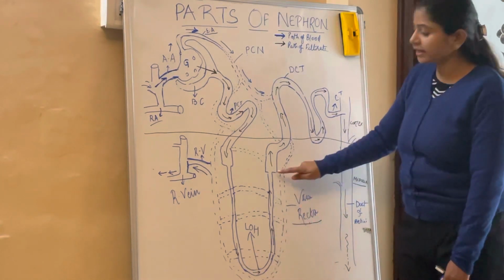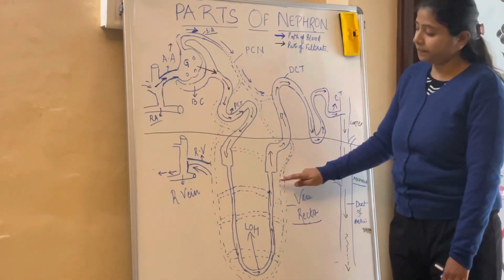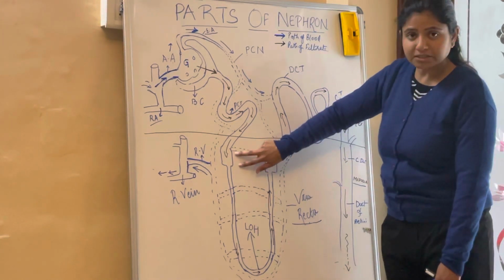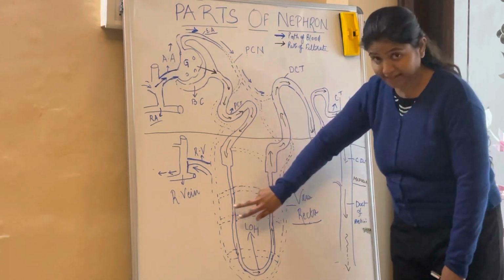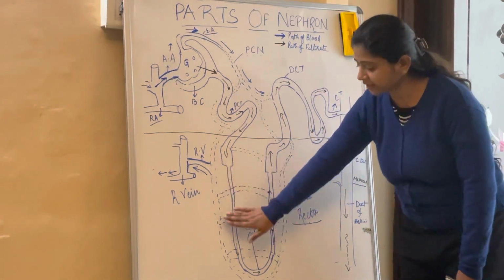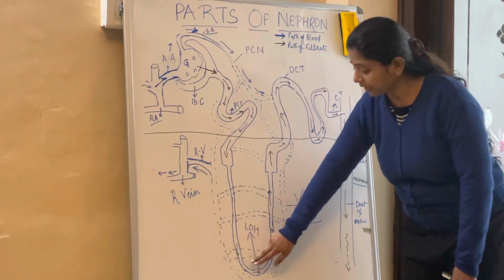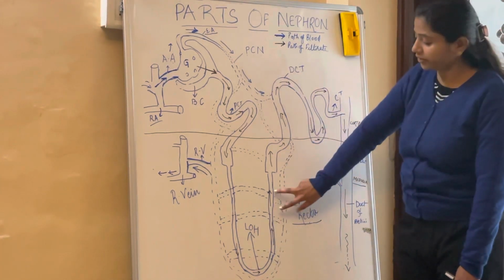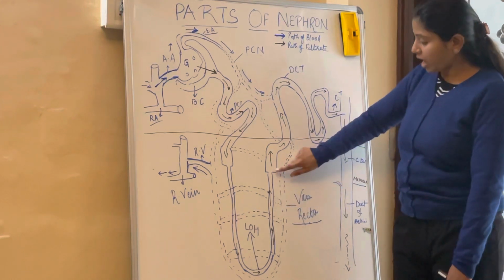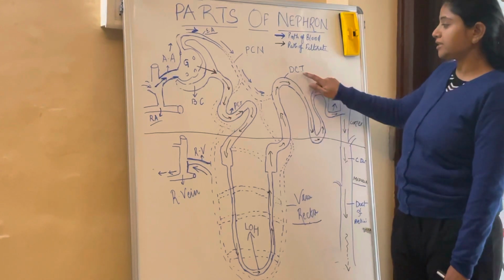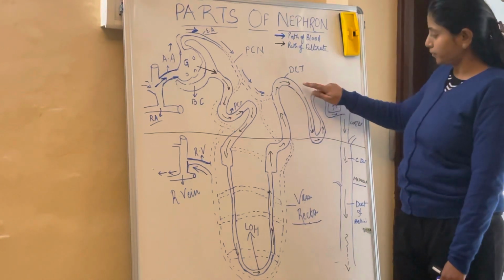These two limbs are further divided into the thick segment and the thin segment of the descending limb. Now in the ascending limb, again we have the thick segment and the thin segment. Now we have the distal convoluted tubule. This DCT is the distal convoluted tubule.